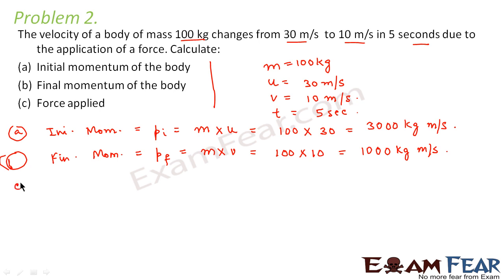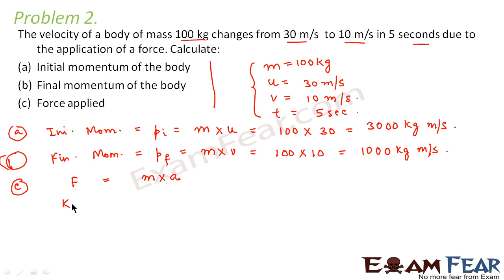And the third question asks about the force applied. Now what will be the force applied? Force applied is mass into acceleration according to Newton's second law. But acceleration is not given in the question. So we will apply the kinematic equation of motion to find the acceleration.